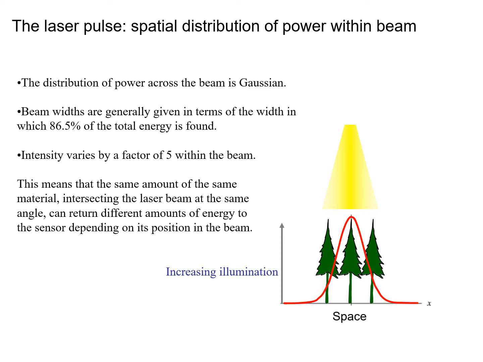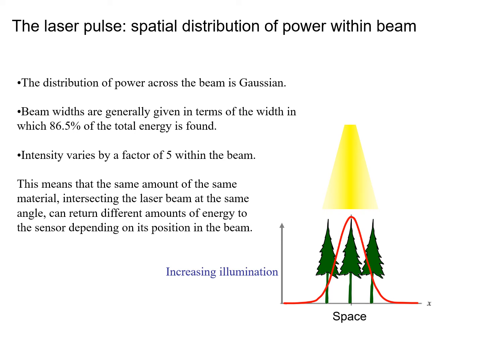So not only does the laser pulse have a temporal difference in the amount of power, there's also a spatial distribution of power within the beam. The beam is more intense near the center than it is near the edges. Again, in theory, the distribution is Gaussian. There are some lasers that have hot spots, and that complicates things, but in general, at least they're striving for a Gaussian distribution. Beam widths are generally given in terms of the width in which 86.5% of the total energy is found.